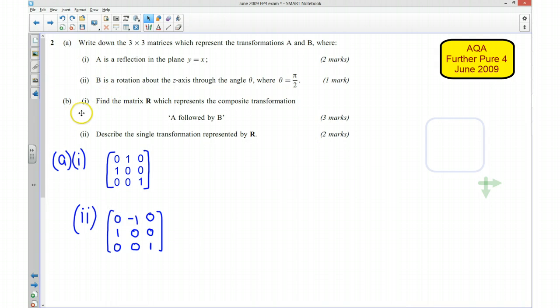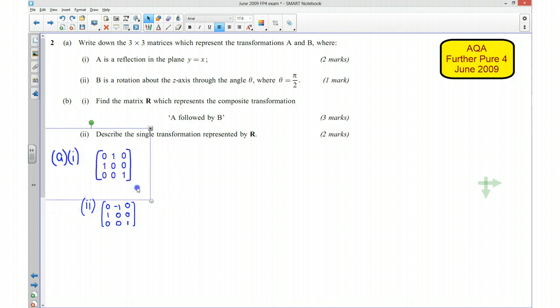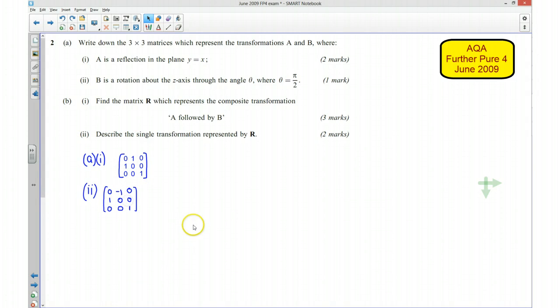Okay, part B says find the matrix R which represents the composite transformation A followed by B. Now it's worth remembering that when we're doing A followed by B, what we're actually going to do is find the product of B and A in that order.